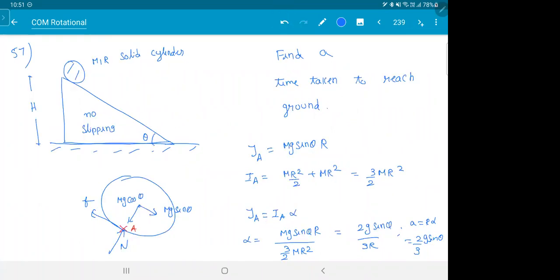If you just tilt the page by theta angle, you will see that the question is the same. In place of F, mg sin theta is there. Any doubts? You still have to find the time.